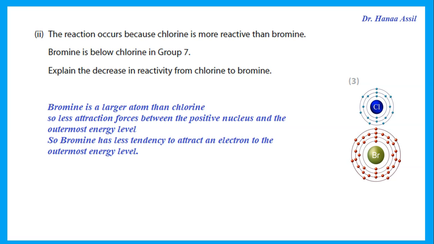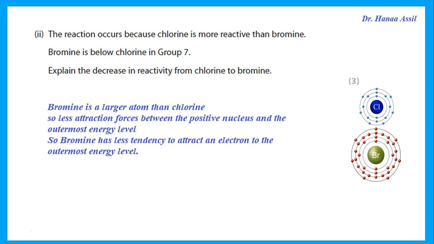As we go down group 7, the atom becomes larger, so there is less attraction force between the positive nucleus and the outermost energy level where the electron is coming in. So bromine is a bigger atom, with less attraction to the electron that is being gained, so less tendency to attract the electron to the outermost energy level, so it is a less reactive non-metal.